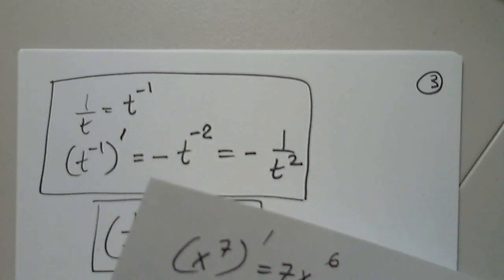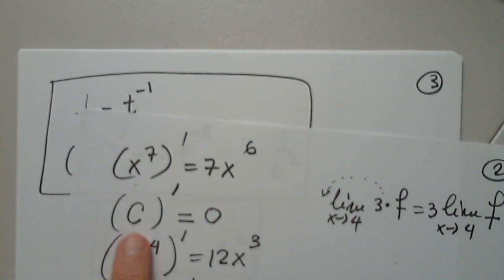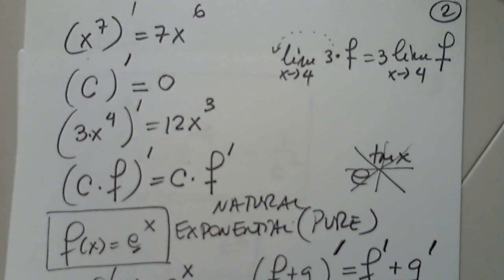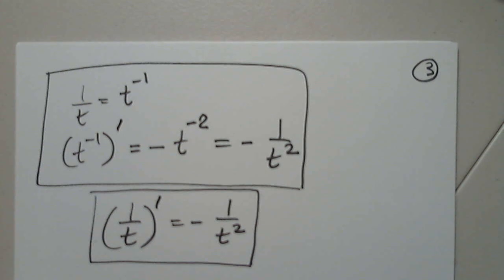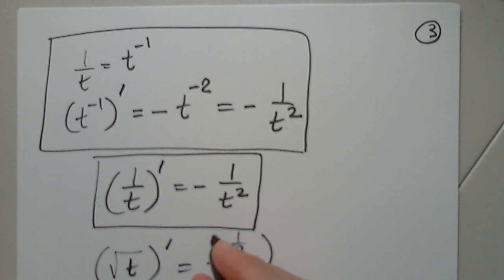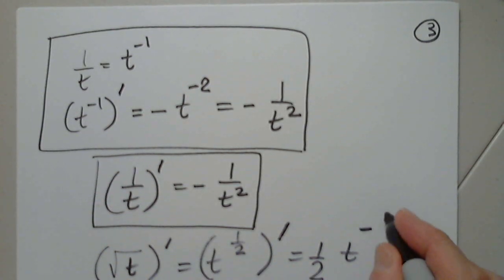So please add it to the long list of rules. What long list of rules? The power rule for plain x, the constant prime, constant times a function, e to the x, sum or difference, and now we have this. We are going to add one more. I know I didn't forget about the problem. I'm going back to it. This is another one that we have to remember. This is t to 1/2. And when I differentiate t to 1/2, I bring down 1/2 and subtract 1 from 1/2, which is negative 1/2.